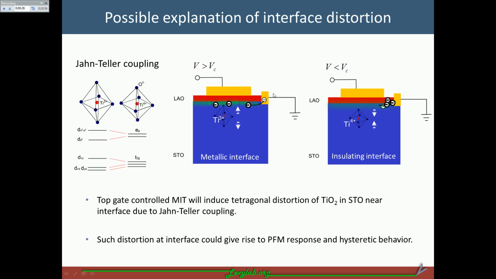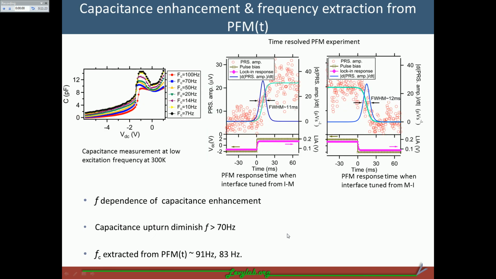These two processes will result in a cubic to tetragonal distortion of the TiO2 in the STO near the in-phase, which will contribute to this distortion. Such a distortion will give rise to a PFM response as well as this hysteresis behavior.